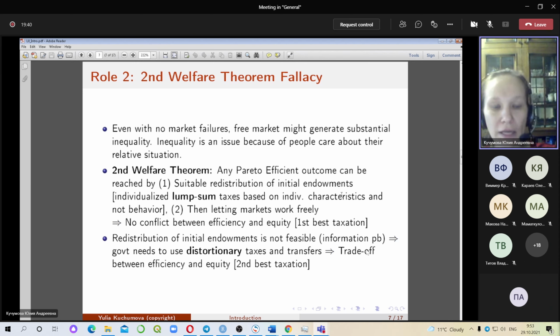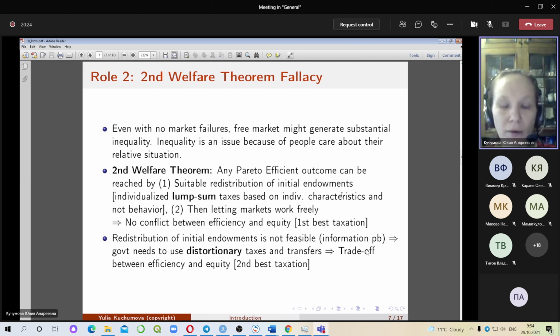So this is kind of an inverse of the first welfare theorem, which told us that the market is efficient. The second says if we start from a Pareto efficient outcome, it can be reached by market equilibrium. But there is a preliminary step: some suitable redistribution of initial endowments should be made. That can be achieved by perfect instruments like lump sum taxes.